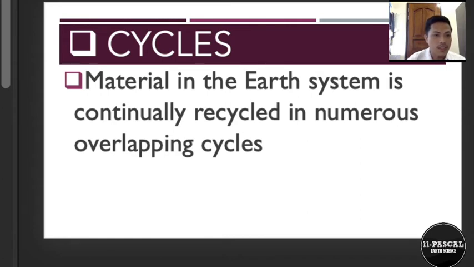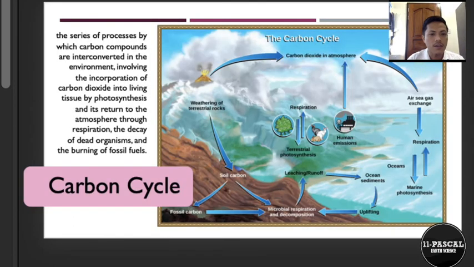The different cycles that we have, number one, is the carbon cycle. This is a series of processes by which carbon compounds are interconverted in the environment, involving the incorporation of carbon dioxide into living tissue by photosynthesis, and its return to the atmosphere through respiration, the decay of dead organisms, and the burning of fossil fuels.